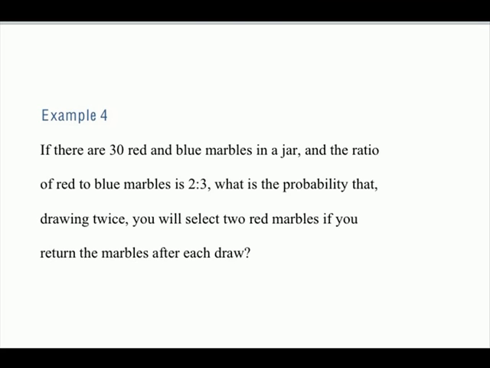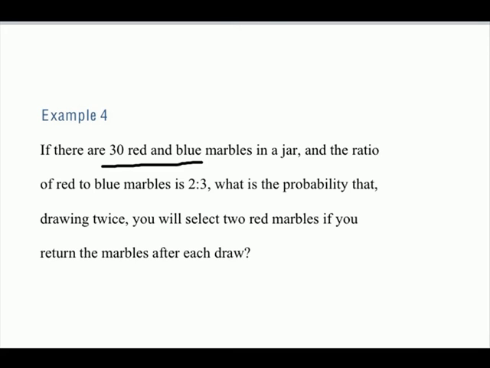Okay, here is an example, a kind of question you might get on the GMAT if you're doing really well, cruising along at 650 plus, 700 plus kind of levels. So essentially we've got the question here which says there are 30 red and blue marbles in a jar.